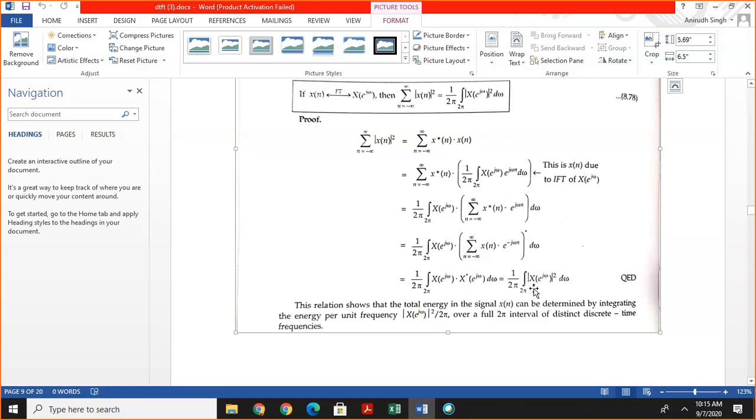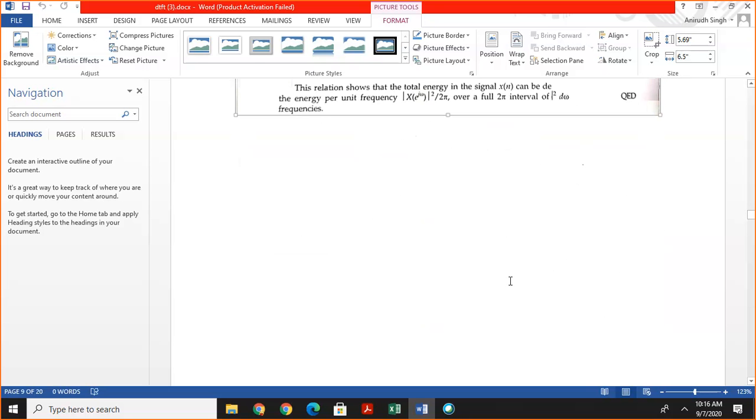First we calculate the Fourier transform of x of n, then we square that term, and then we calculate the area of that signal in frequency domain, and if we multiply by 1 by 2 pi, then we get the energy of the discrete time signal by using Parseval's theorem.